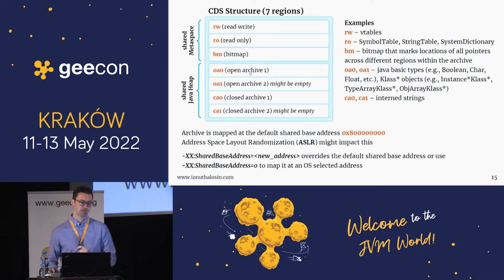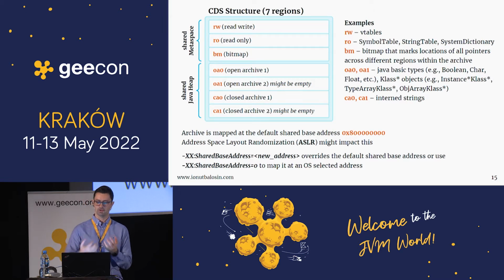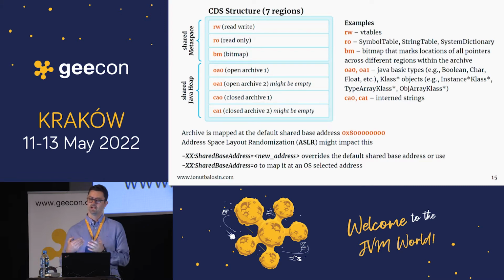For example, 3 regions pertain to metaspace and 4 regions pertain to the Java heap, as you see in the diagram. In metaspace, you can have vtables, the symbol table, the string table, all of those internal things that we basically don't care too much about. And in the Java heap, just as an example, in the CA0, the closed archive region, interned strings are stored, because interned strings are also part of this archive.